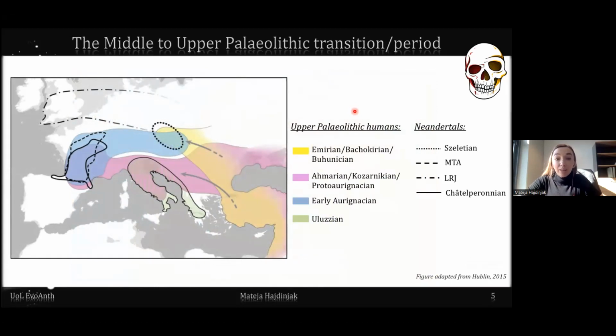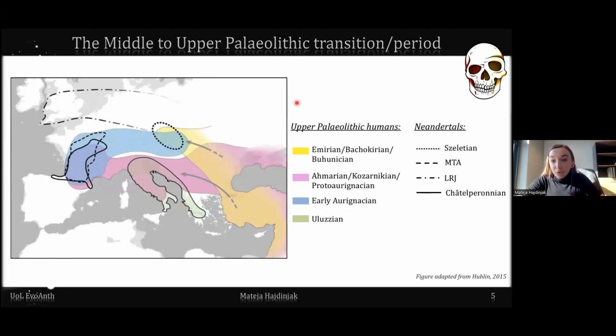So here in this map, it is summarized what was known at the time about the attribution and the distribution of so-called transitional archaeological assemblages or industries to those that were made by Upper Paleolithic humans, highlighted here in different colors, or the ones that were attributed to Neanderthals, in different dashed lines.